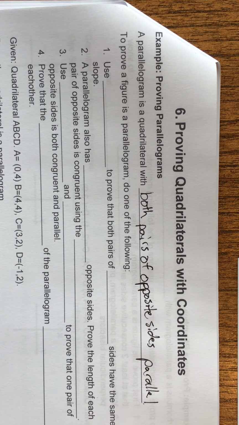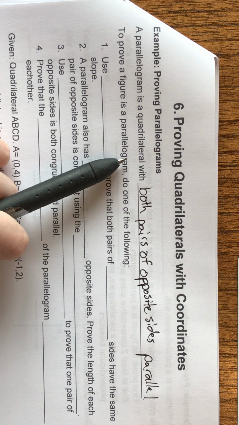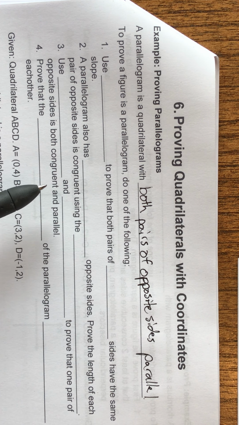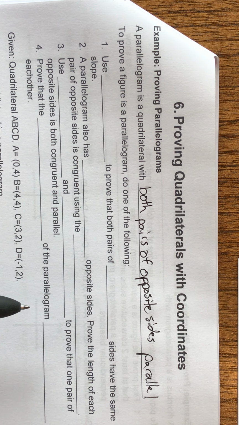That means that for us to prove that a figure is a parallelogram, somehow we have to prove, using the coordinates, that this shape has both pairs of opposite sides parallel. And there are actually 4 different ways we can do this. So when we have a list in this section, it's going to be 4 completely different strategies that you could use to prove that something is a parallelogram.